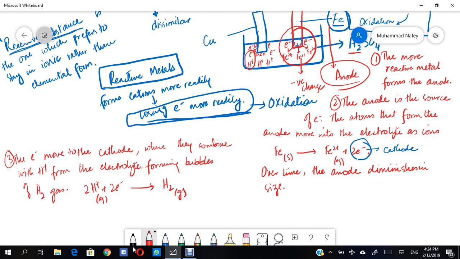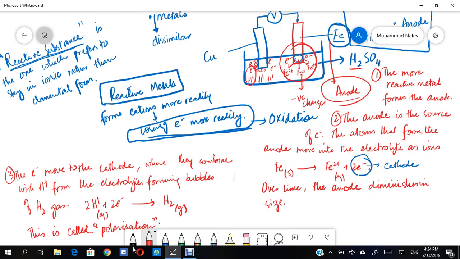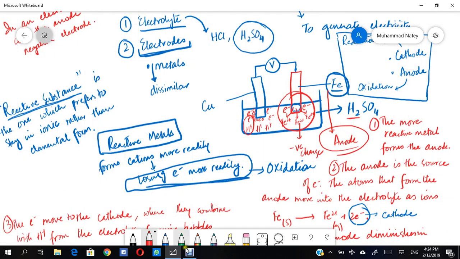Now this process of formation of bubbles is called polarization. Now as you can see, electrons are produced at the anode and they move to the cathode.